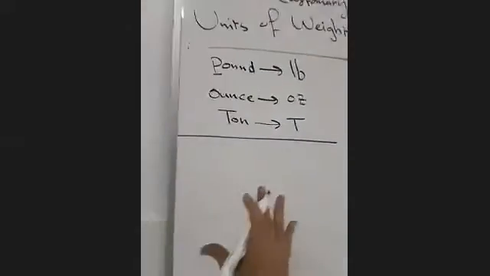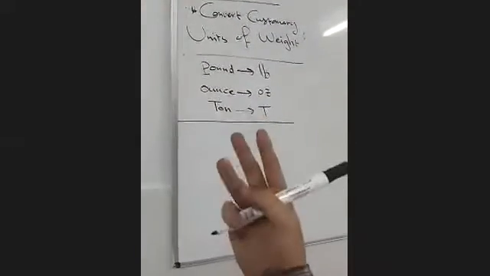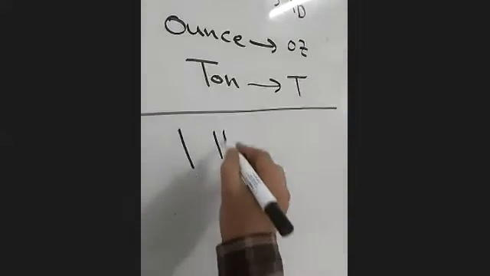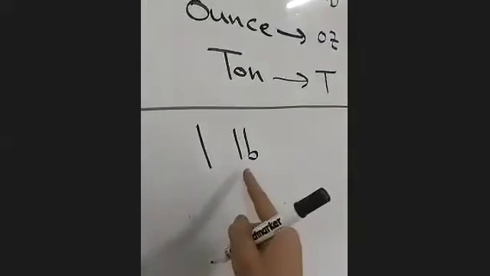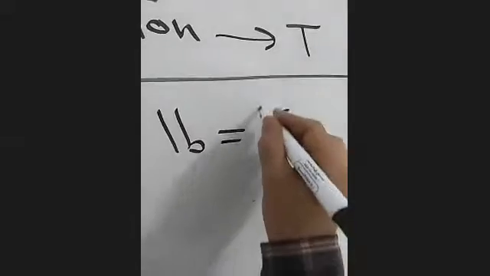Now, what are the relationships between them? We have two relationships. The first one is each 1 pound equals 16 ounces. This is relationship number 1.